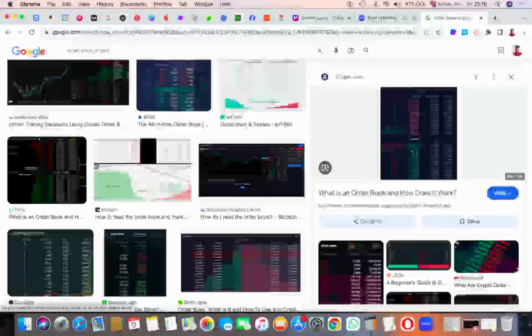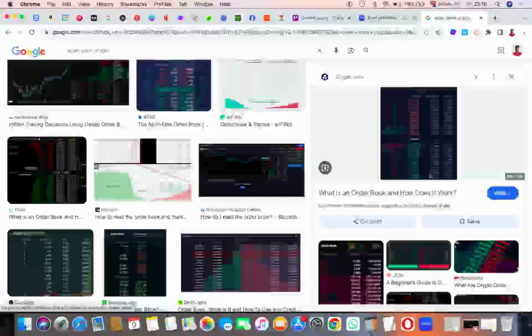So like I was saying, our order book contains the market price, the sell orders, the buy orders, and then you will always see the quantity, right? You see the quantity, the price that the asset is being sold for, and the volume.